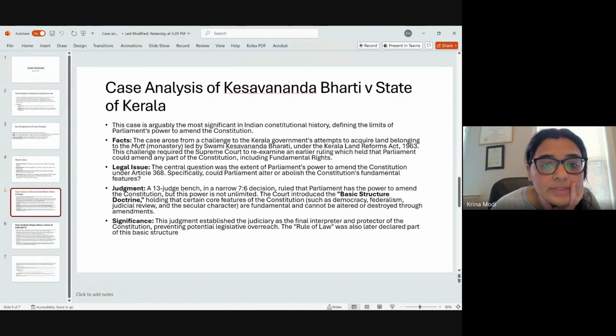The expression personal liberty in Article 21 of the Constitution is of the widest amplitude, and it covers a variety of rights which go to constitute the personal liberty of man, and some of them have been raised to the status of distinct fundamental rights and given additional protection under Article 19 of the Constitution.